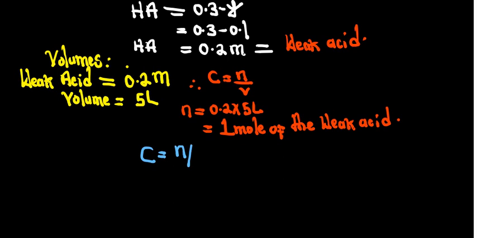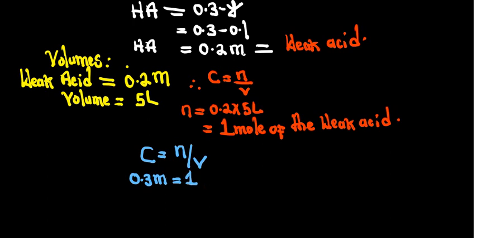I'm trying to find out the volume of the weak acid that was present in the buffer. The buffer, which was made up of the conjugate base as well as the acid, has a concentration of 0.3 molar. So I can just write that, which is equal to the number of moles. What moles did we find for the weak acid? We found the moles of the weak acid as 1 mole.